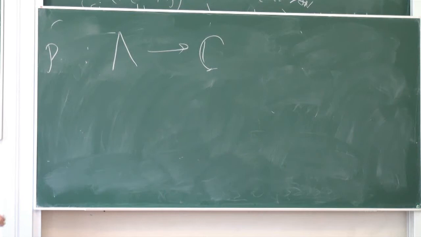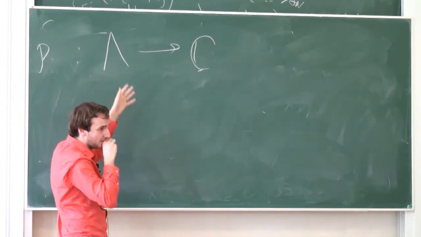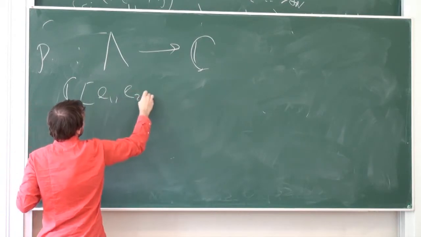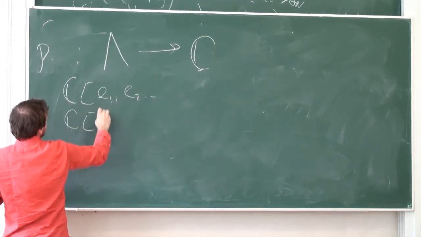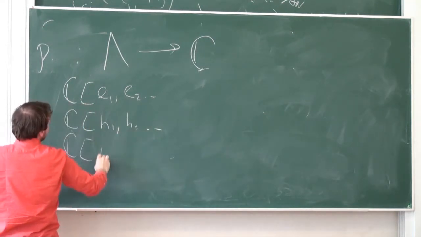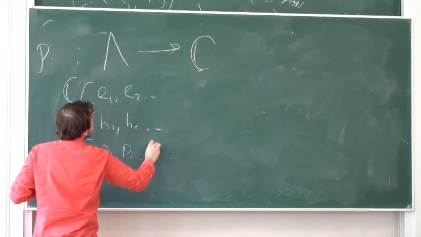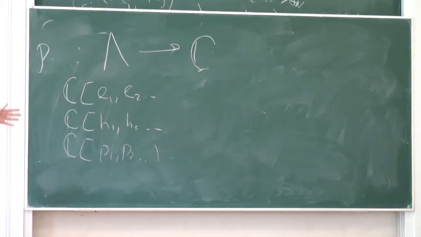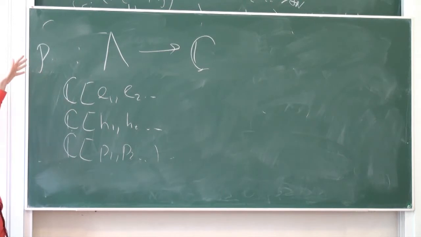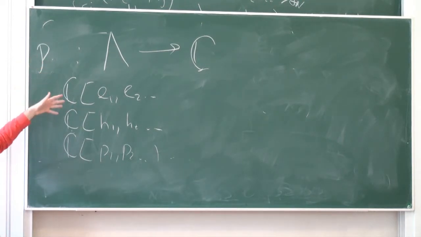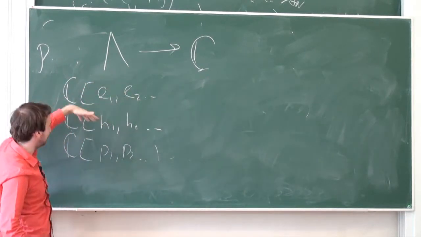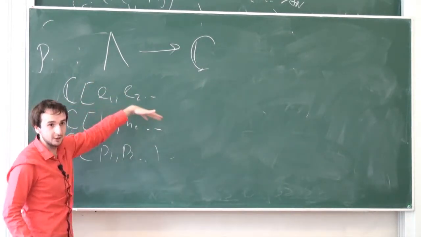Now we know that lambda is the ring of polynomials in, say, variables e1, e2, and so on, or polynomials in variables h1, h2, and so on, or polynomials in variables p1, p2, and so on. We know that these generators are algebraically independent, which means that to define this specialization, it's enough to define just the values of this specialization on each of these generators of this algebra.